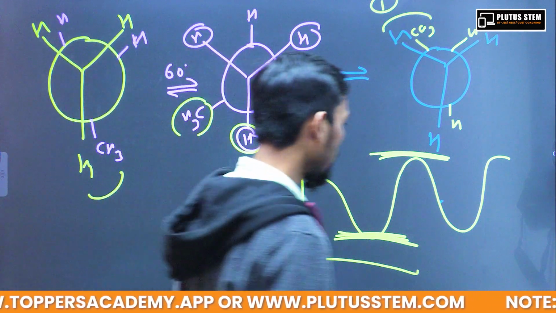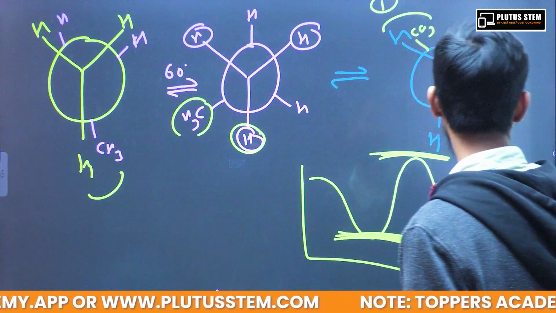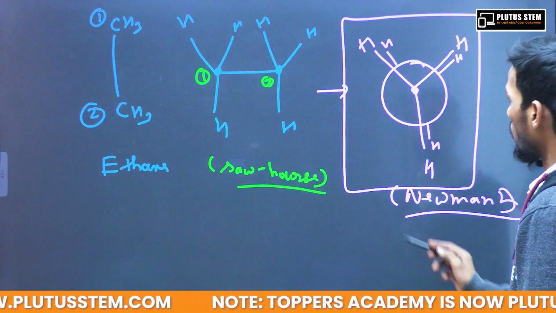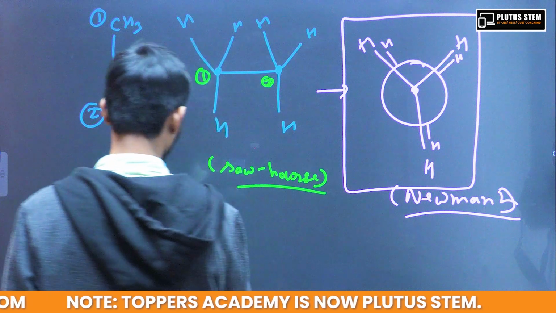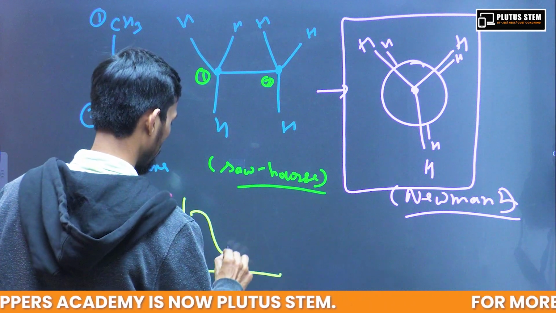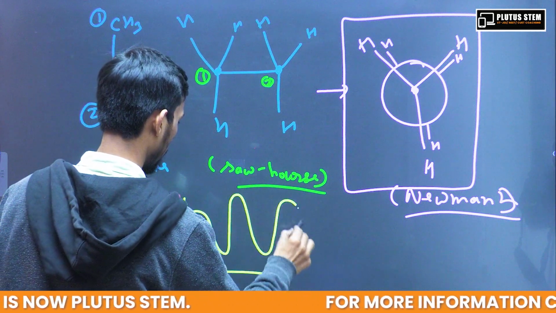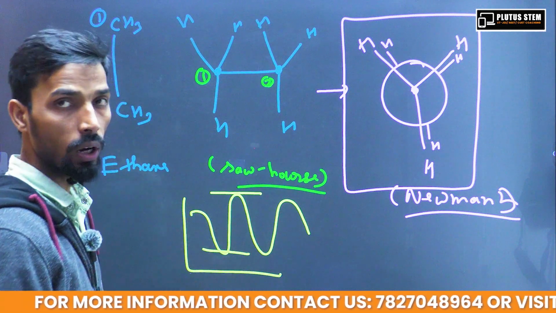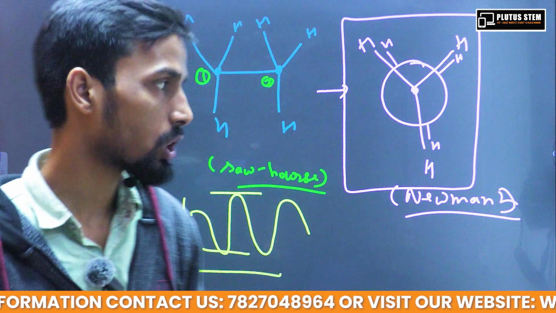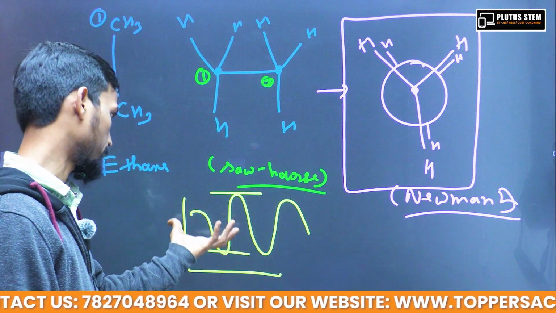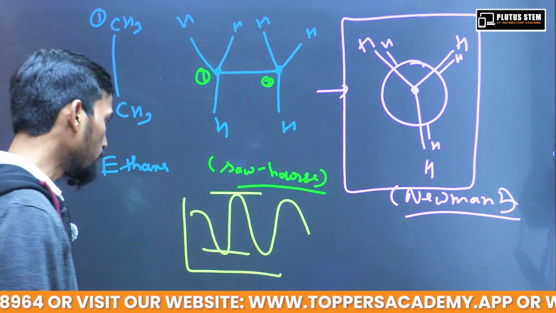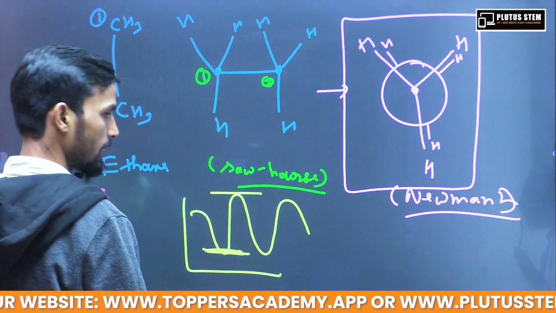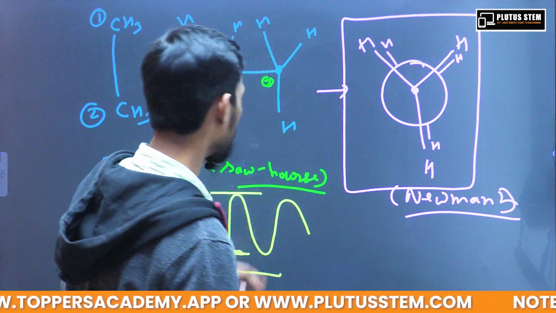The same type of energy profile diagram can be made for ethane also. The staggered form is more stable, which means less energy, and the eclipse form is less stable.